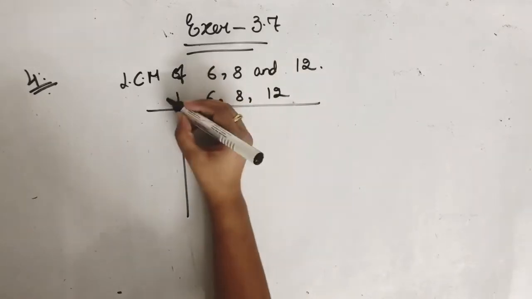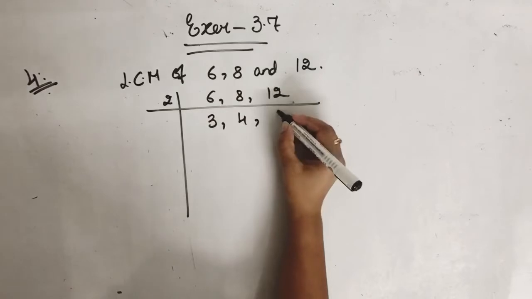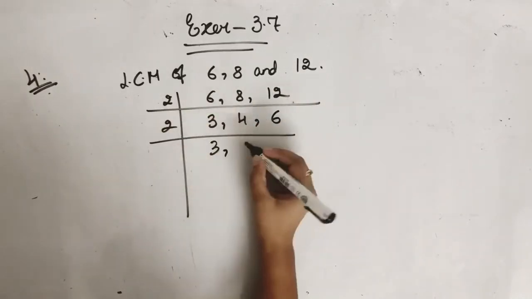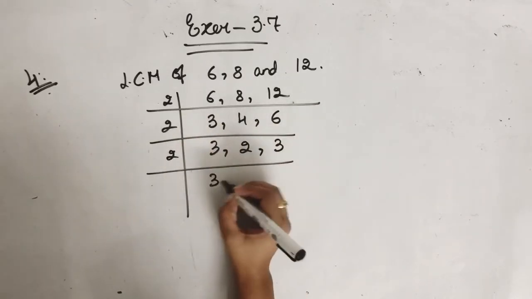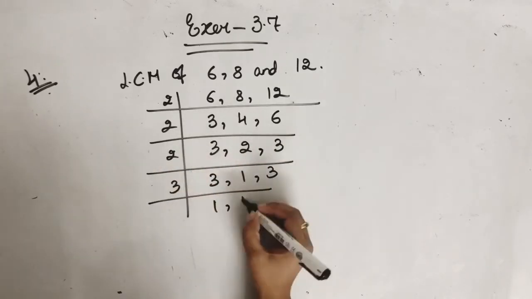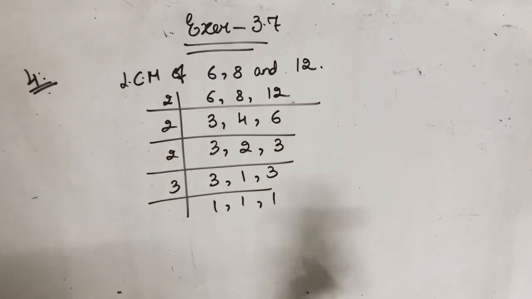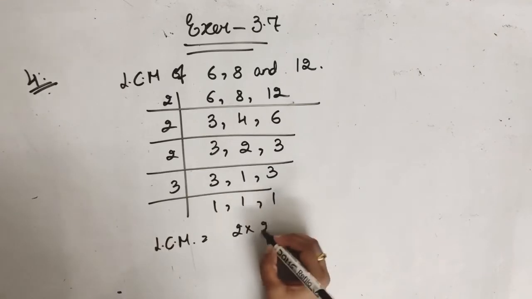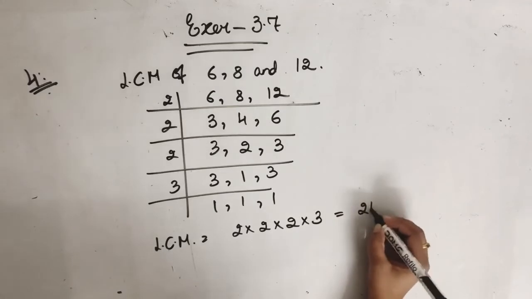So LCM of 6, 8 and 12 is, first we'll start with 2, again 2, again 2 and now 3. So now LCM is the product of all these factors. So it will be equal to 2 into 2 into 2 into 3, which is equals to 24.